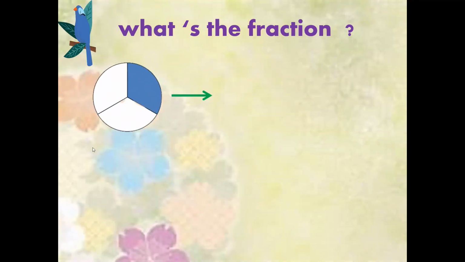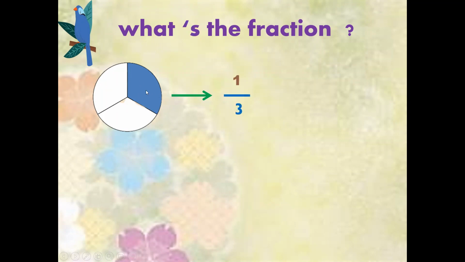Again, what is fraction? Here we have a circle. It has 3 parts. 1 colored and 2 not colored. Very good, Yemen. Excellent. So it will be 1/3.